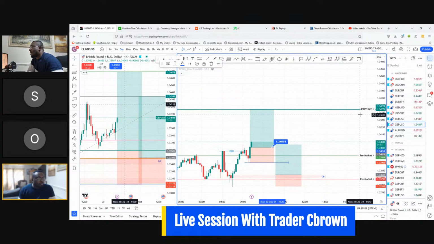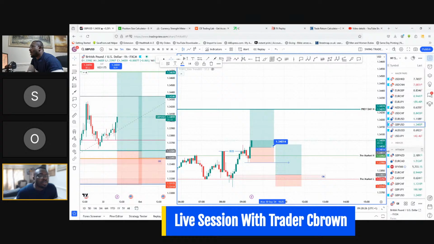That's what we're targeting, the pre-market high. Expecting price to break that pre-market high. And that would be about how many pips? That would be 24, 1.34273.